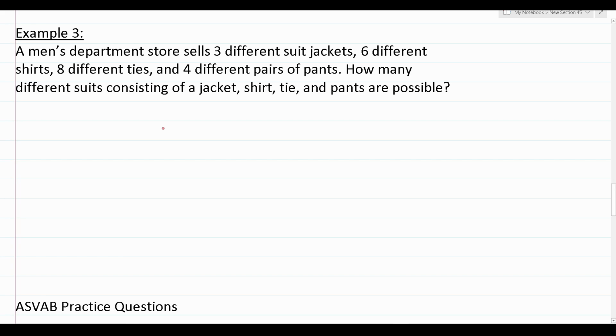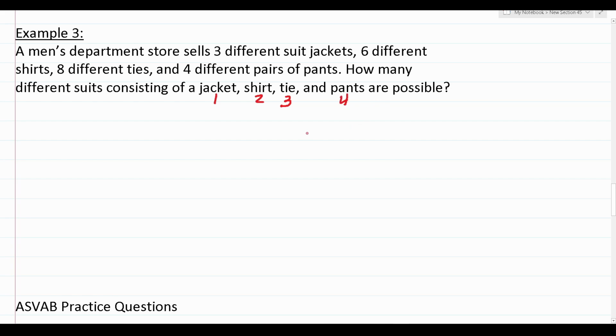And again, that says identify your events, figure out how many options there are in each event, and then multiply all those together. So this question tells us our events. One event is the type of jacket, the other event is the type of shirt, another event is the type of tie, and the 4th event is the type of pants.